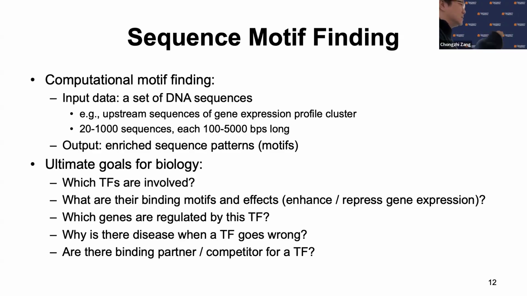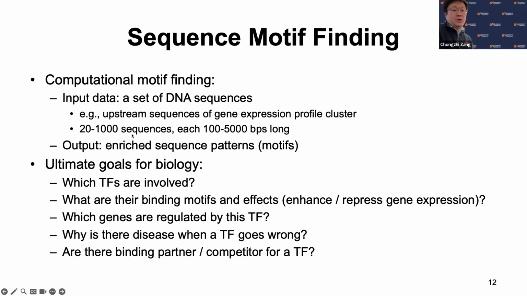So if we measure the genome-wide expression and identify which genes are differentially expressed, we can infer that these potential target genes' upstream DNA sequences may contain the binding sites of that transcription factor. So we can also take the upstream sequences of a pattern of gene expression, that of an expressed or differentially expressed gene cluster, and from those DNA sequences identify motifs.